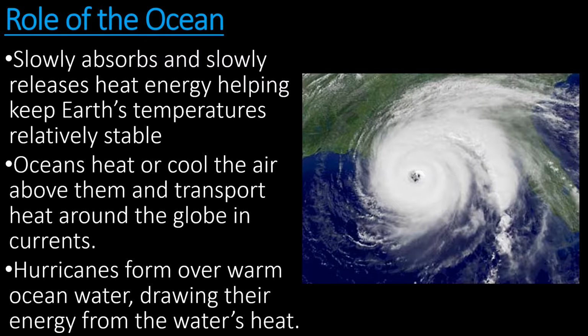So the ocean slowly absorbs and slowly releases heat energy, helping to keep Earth's temperatures relatively stable. It gets colder faster on land than it does on the ocean. And the oceans heat or cool the air above them and transport heat around the globe in currents themselves.